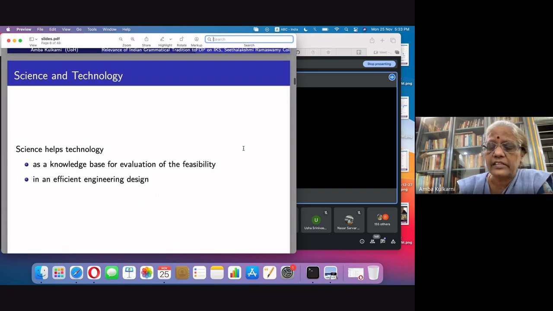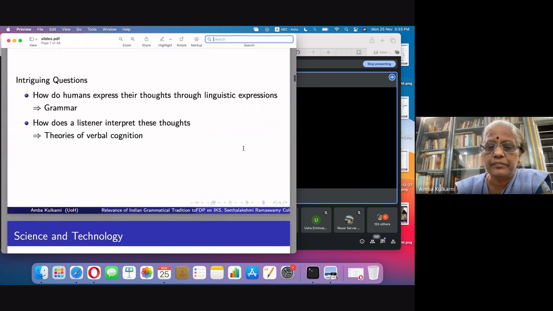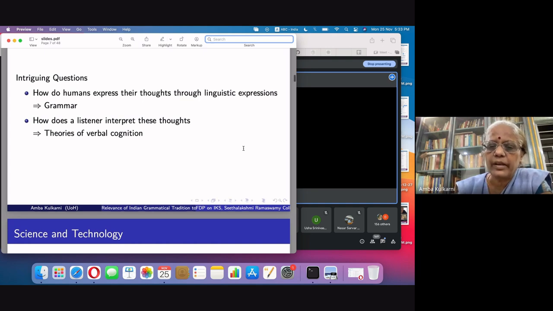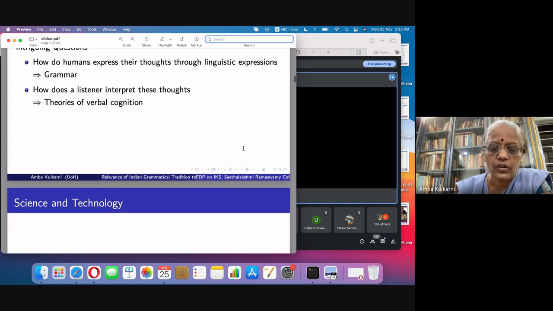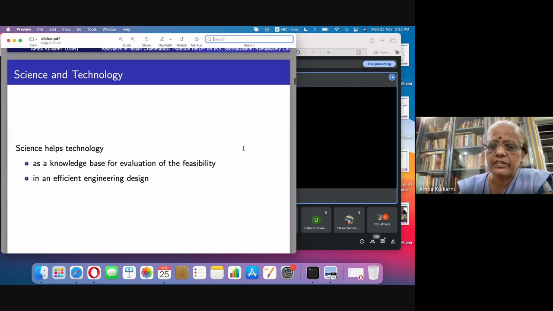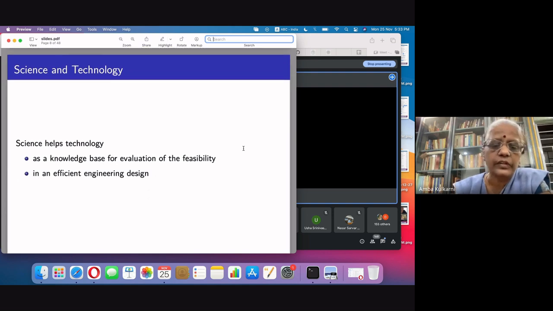Now, these sciences which were developed in India, my claim is, or our claim is, are very much useful for building language technology. What is the relation between science and technology? We know that science helps technology in several ways, but I have chosen two of them here.